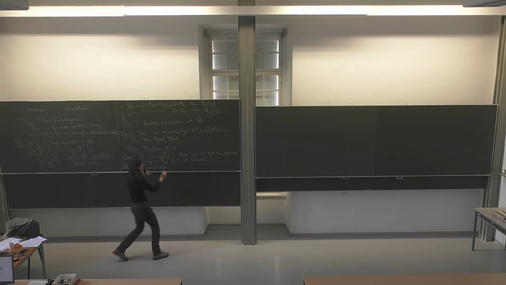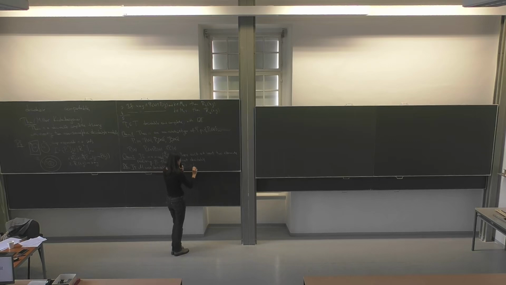Let me first fix some notation. Let omega of xy be the 2-type realized by those 2 elements in M.